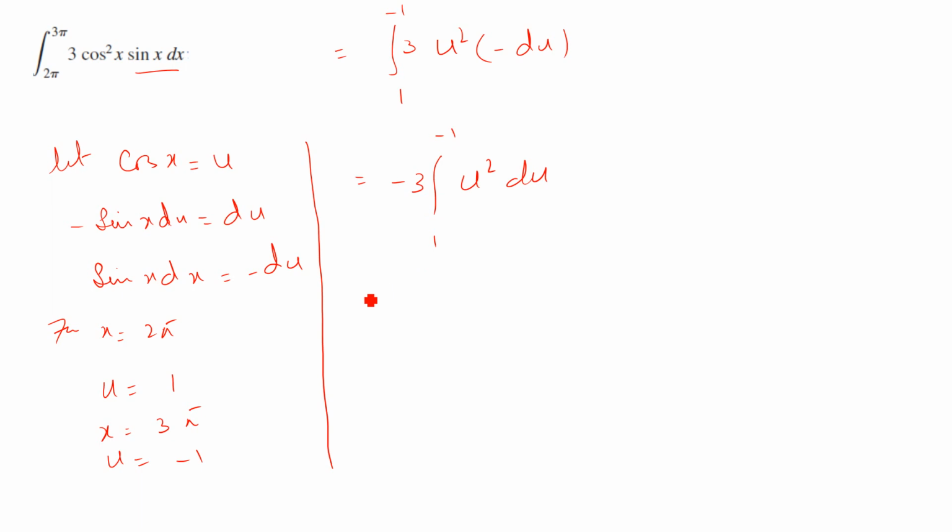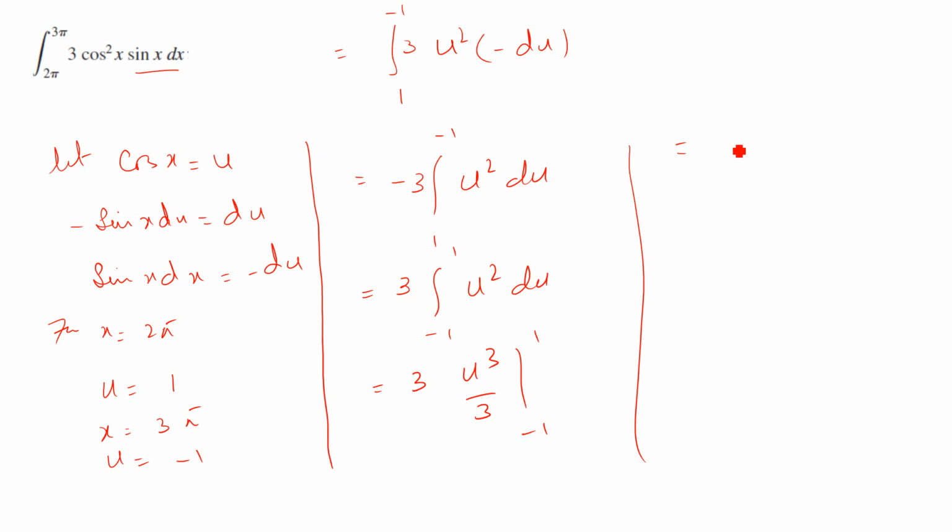Introducing the limits, this is 3 u cube over 3 from minus 1 to 1, so we have u cube from minus 1 to 1. That is 1 cube minus negative 1 cube, which is 1 plus 1, equal to 2, and this is the answer.